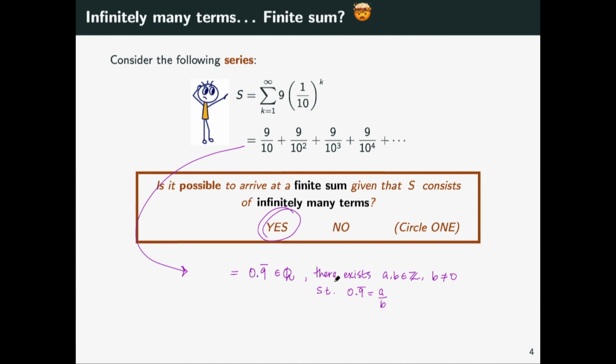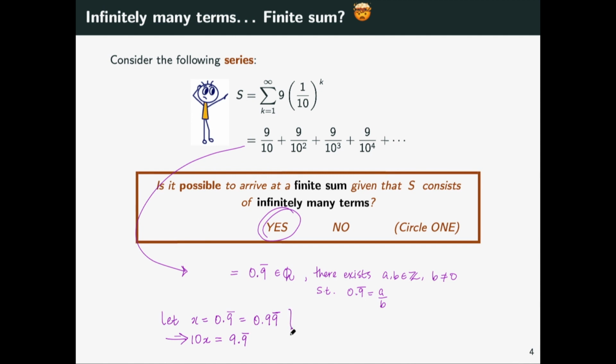Let's explore a little bit how we can unpack what this actually equals. So I'm going to say, let x equal 0.9 repeating. But notice that it doesn't matter where I put the bar, I can put it at the second one. You'll see why I'm doing that in a second. So if I multiply by 10, then the decimal point just shifts over one place and I get 9.9 repeating.